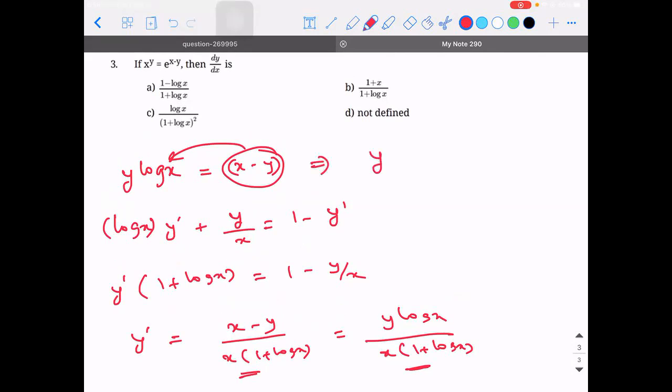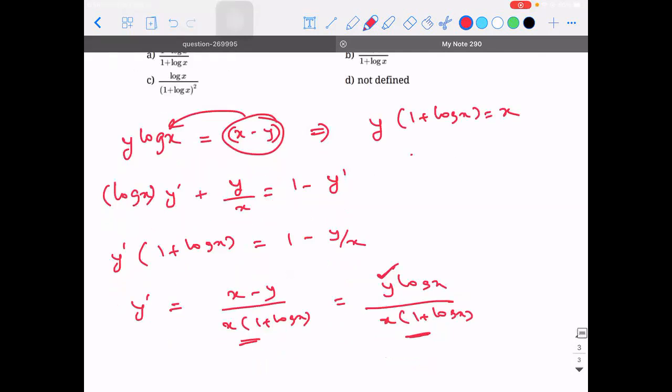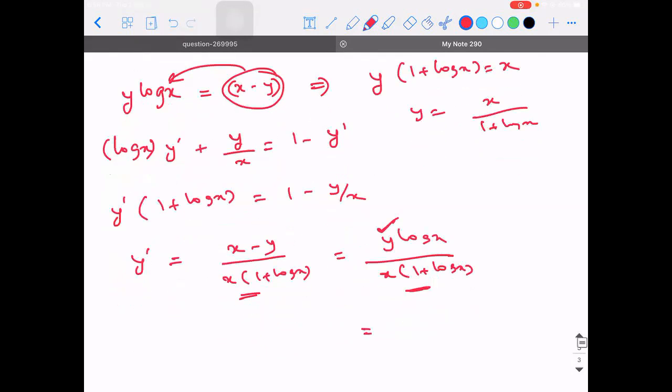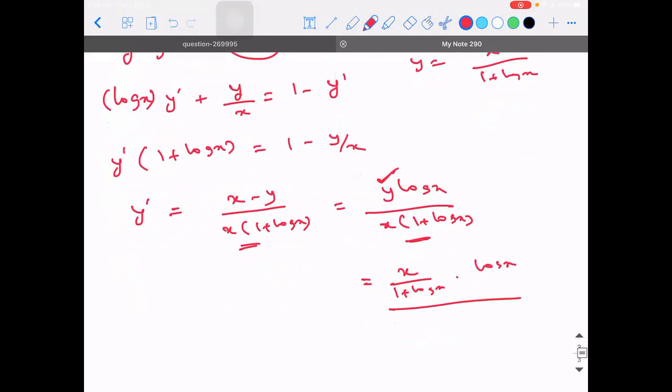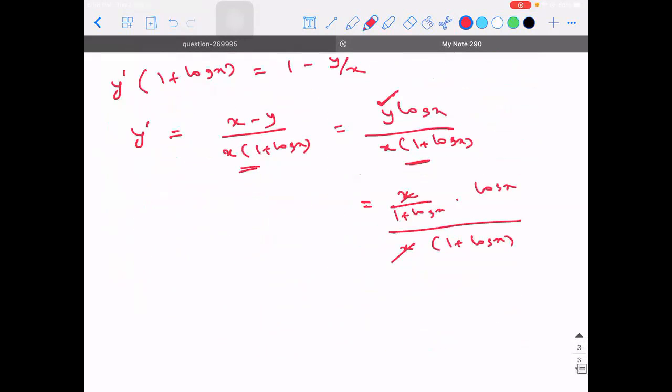Because the option doesn't have y in it, I need to eliminate this y. y into 1 plus log x is equal to x. So y is equal to x divided by 1 plus log x. So x divided by 1 plus log x into log x, the whole divided by x into 1 plus log x. So x and x will get cancelled. Log x divided by 1 plus log x the whole square. Is there an option like this?